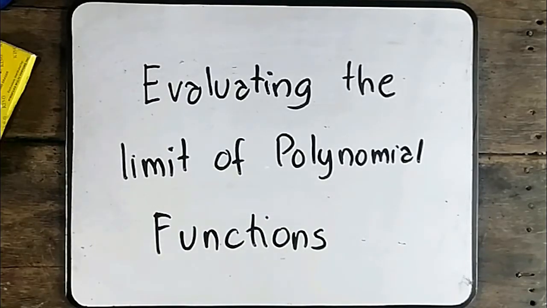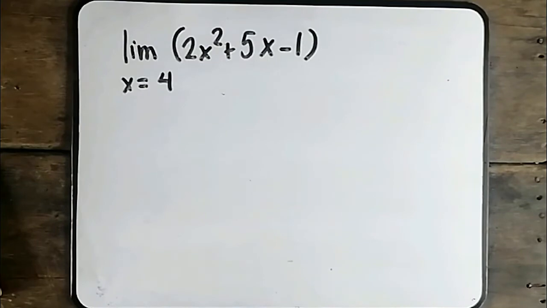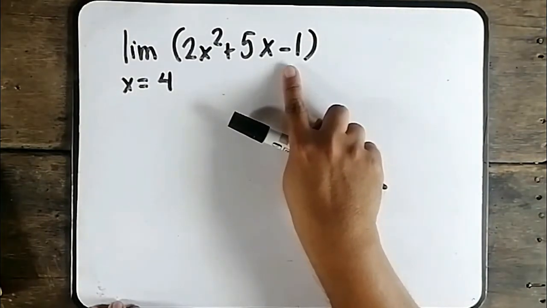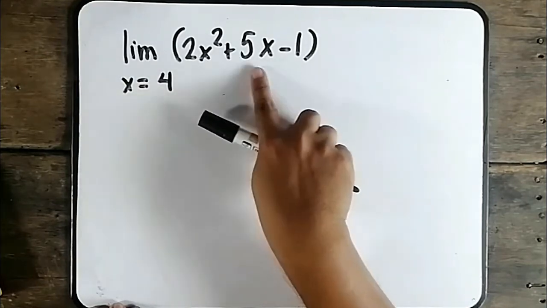Now, since you already know the limit theorems, we will evaluate the limit of polynomial functions using the limit theorems. So consider this example, the limit of the quantity 2x squared plus 5x minus 1 as x approaches 4. Since this is a sum, sabi nung limit theorem number 5 natin, we can actually get the individual limits.